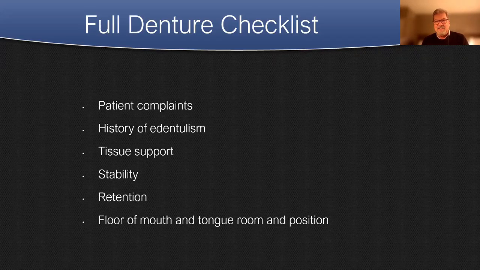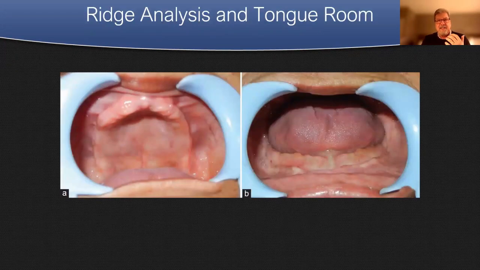One of the things I saw a lot of times was that there just wasn't enough room for the tongue on a lower denture. We didn't have that concavity and the dentures weren't finished correctly. With the concavity, you want that tongue to almost act as a retentive element. So we look at the ridge analysis and the tongue room on these types of patients.